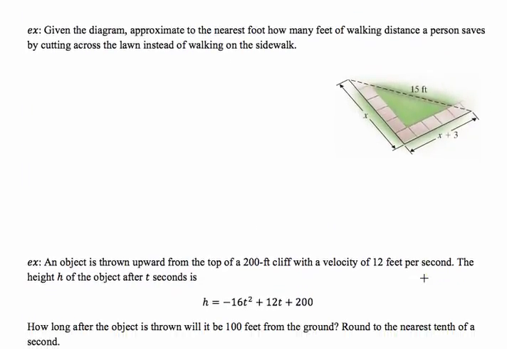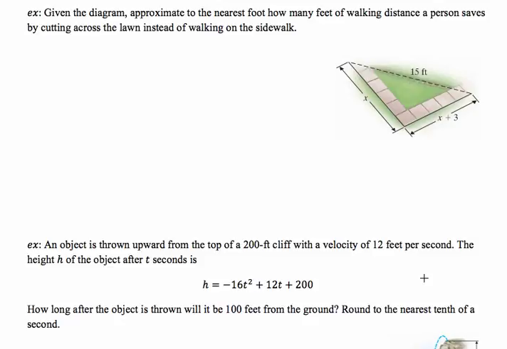Let's look at some applied problems. All right, so that's it for the quadratic formula, but let's do a couple more applied problems. Given this diagram over here to the right, this is a sidewalk here, approximate to the nearest foot how many feet of walking distance a person saves by cutting across the lawn instead of walking on the sidewalk. Now you might say, what?